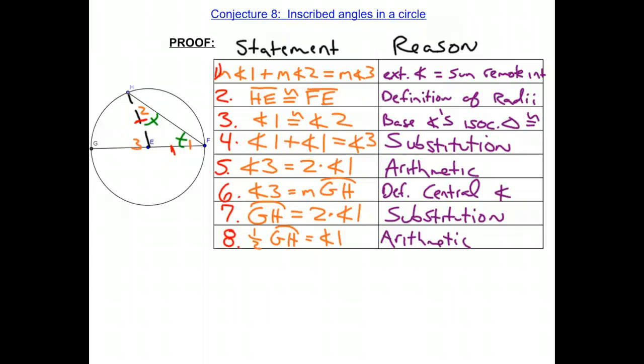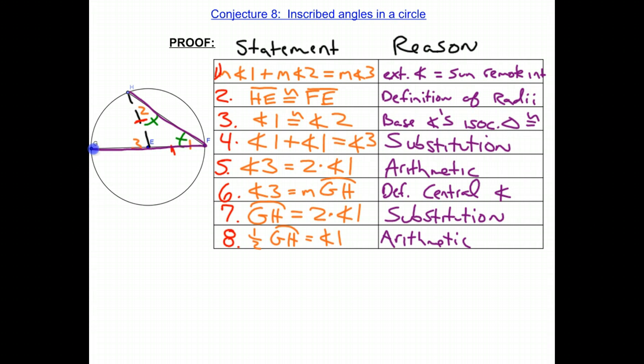Well, let's take a look at our diagram. What type of angle is angle 1? All right, we've talked about this earlier. We know that angle 1 is an inscribed angle that intercepts arc GH. Right here we have angle 1.